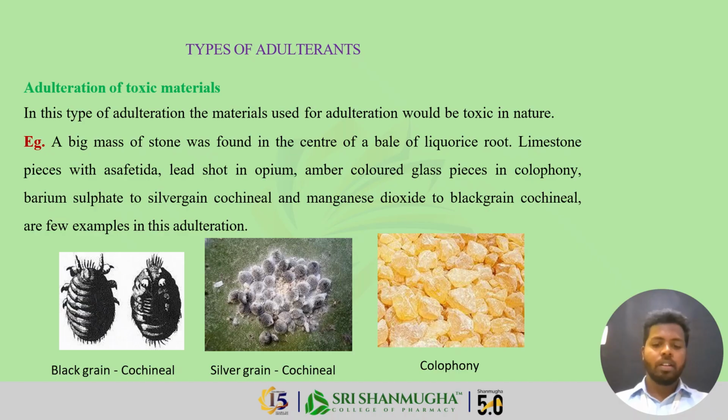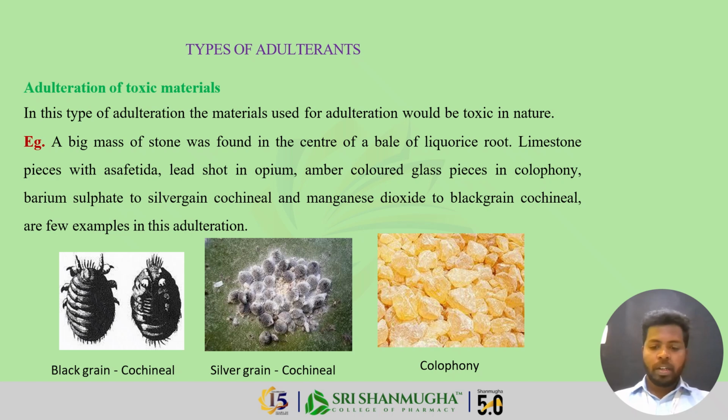So type 7, adulteration with a toxic material. This is the most dangerous form of adulteration. Here toxic materials are used. For examples, stones inside the liquorice roots, limestone in asafoetida, lead shot in opium, glass pieces in colophony, and barium sulfate in cochineal.